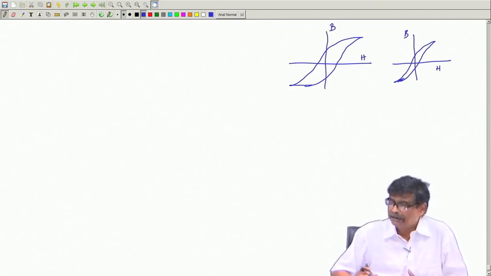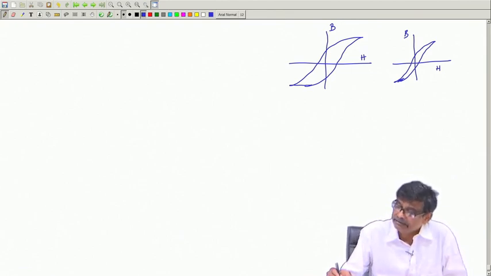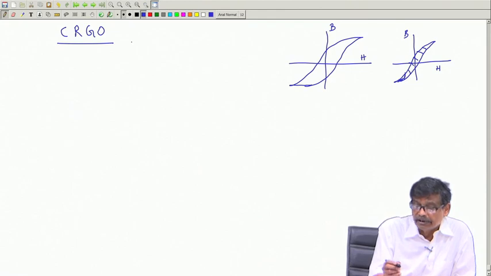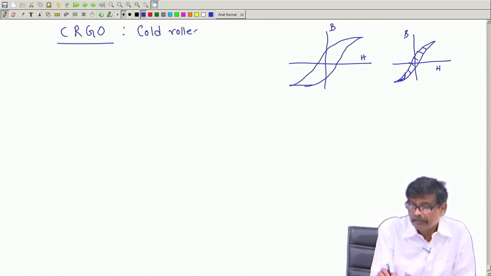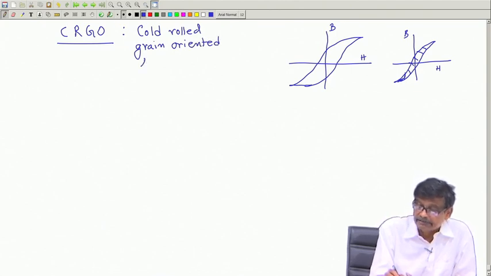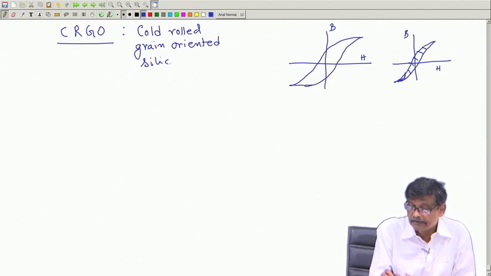In fact, it depends upon the application. In case of transformer application, we will demand that this hysteresis area is as small as possible. The material used to reduce hysteresis loss is CRGO, cold rolled grain oriented silicon steel.